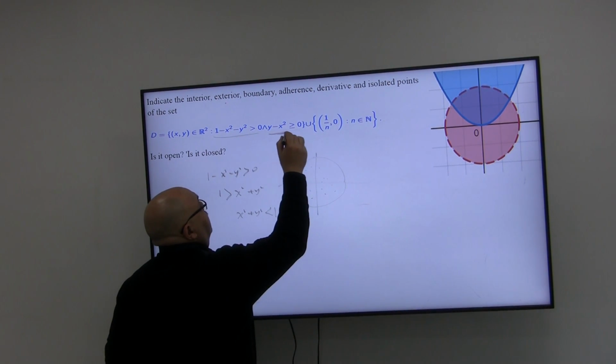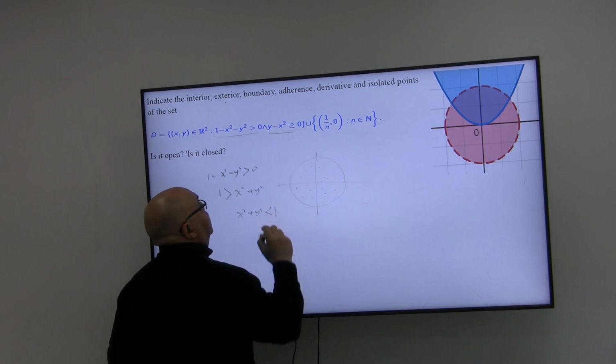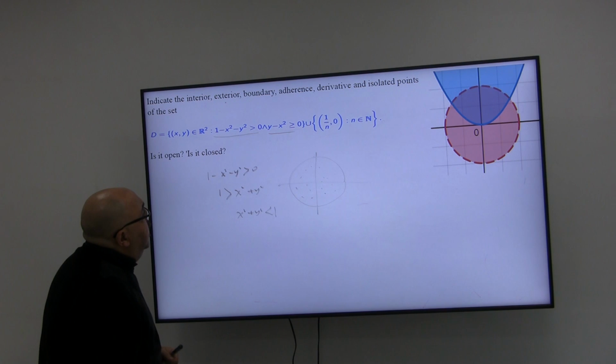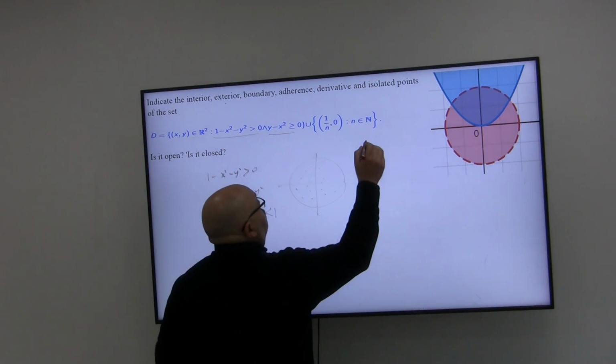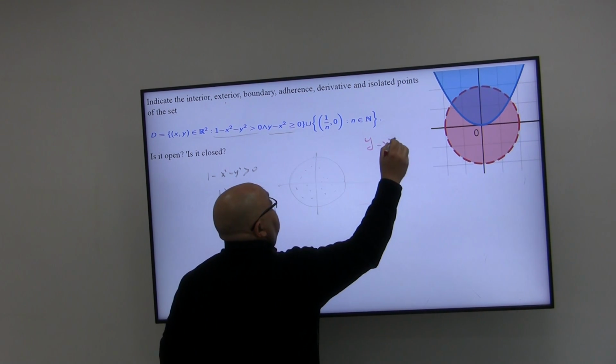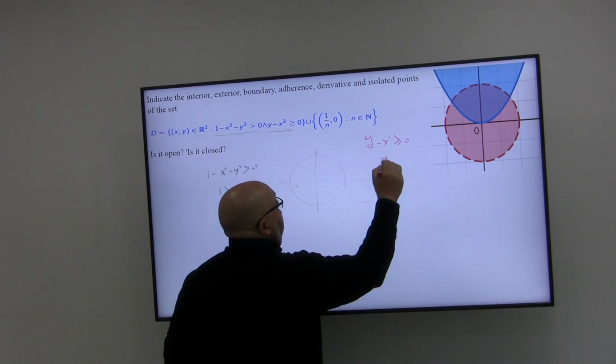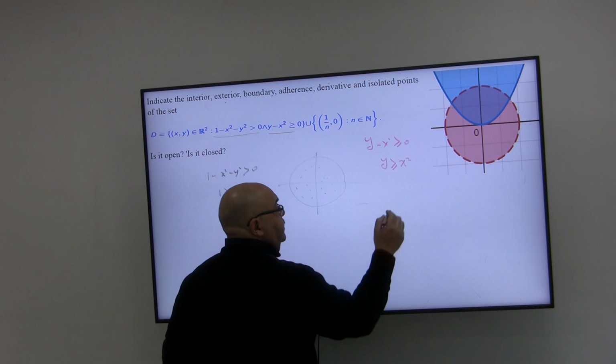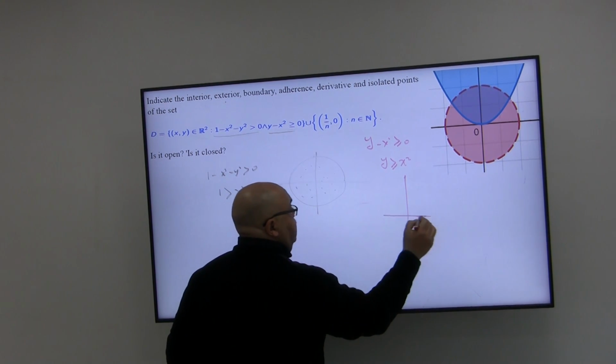Now y minus x square greater than or equal to 0 is the graph of a parabola. Look, y minus x square is greater than or equal to 0, meaning y is greater than or equal to x square, which is a second degree parabola.